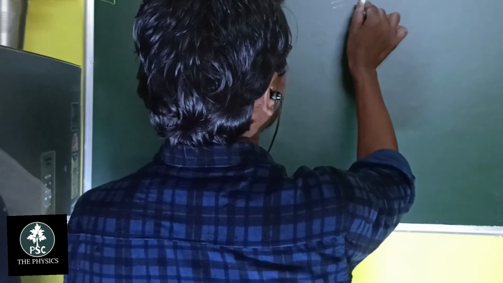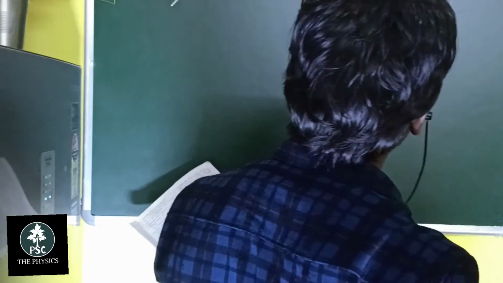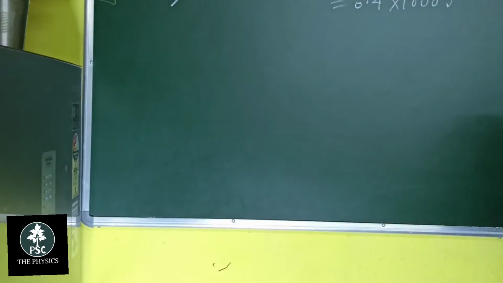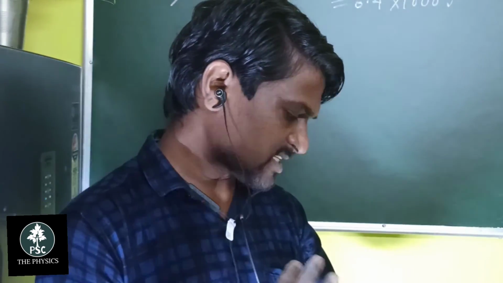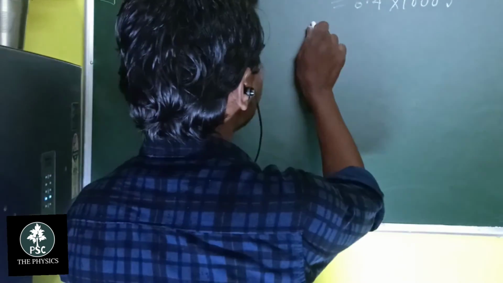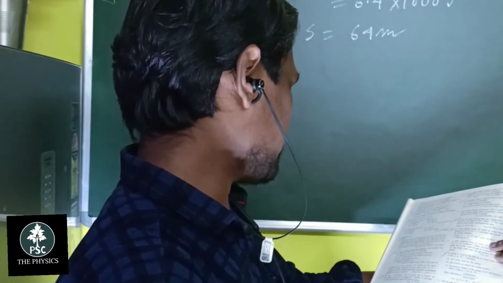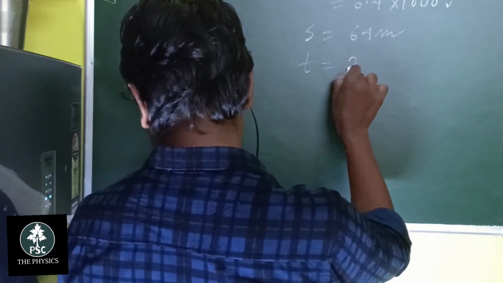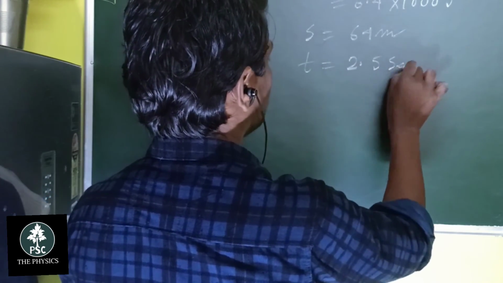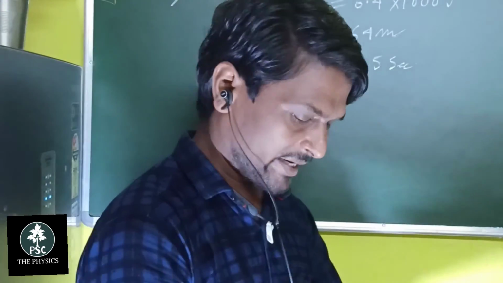What is kilo, students? You have to multiply this by 1000. So this is joule, 6.4 into 1000 joule work. The displacement is also given, this is 64 meter. The applied force is in the same direction, and the time is given, this is 2.5 second. Calculate the force applied and the power spent.